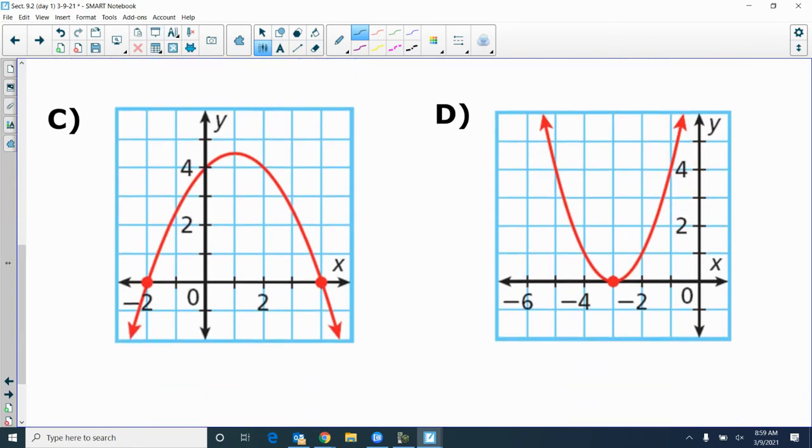All right, identify the axis of symmetry for the next two. Draw it in there, write down the axis of symmetry.